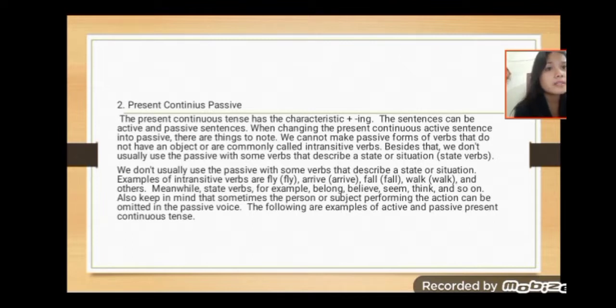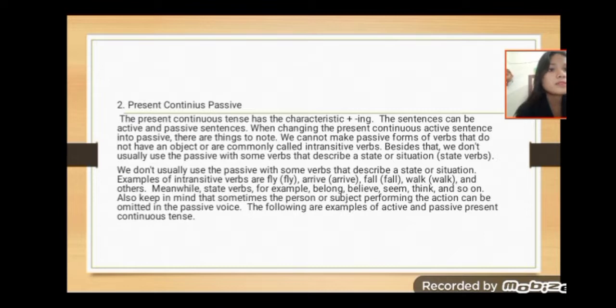Second, present continuous passive. The present continuous tense has the characteristic of adding ing. The sentence can be active or passive. When changing a present continuous active sentence into passive, there are things to note. We cannot make a passive form of verbs that do not have an object, commonly called intransitive verbs.